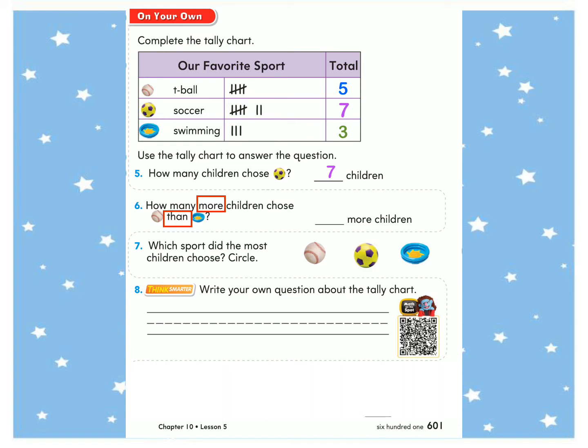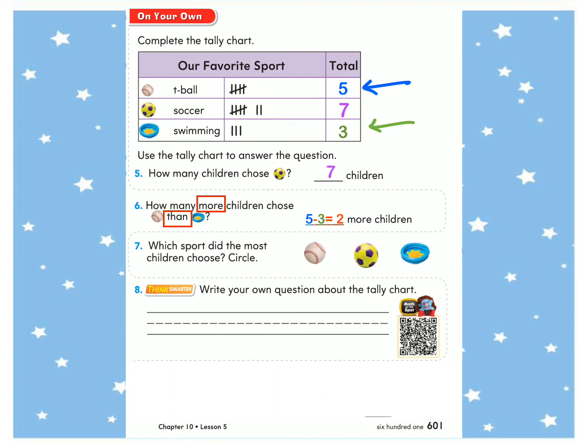Excellent. We are going to subtract. So the big number goes for the T-ball, which is 5, minus the small number, 3. So 5 minus 3 equals 2 more children. 2 more children like T-ball more than swimming.